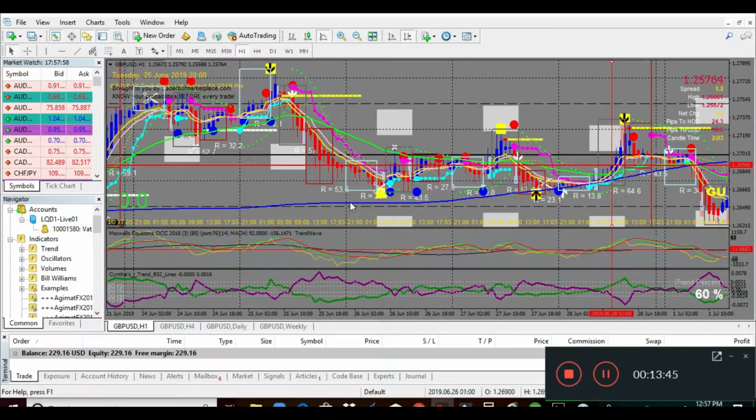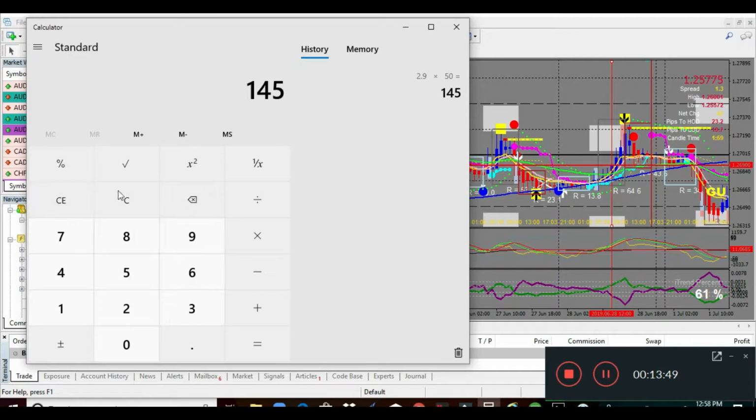You could have caught about, let me see guys, hold on. I'm not very good at math. So let's say if you want a dollar per pip, you get $28. And if I wanted $10 a pip, plus the 28, I think that'll be 280.